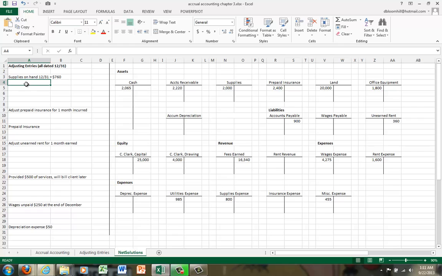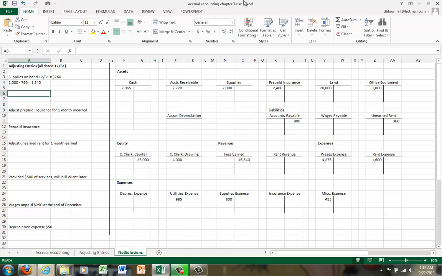So we have to do that subtraction that was mentioned in the second recording. We take the $2,000 of supplies that are in the account, subtract the $760 of supplies on hand, and that equals the $1,240 of supplies that are used, which is the amount of the adjusting entry.